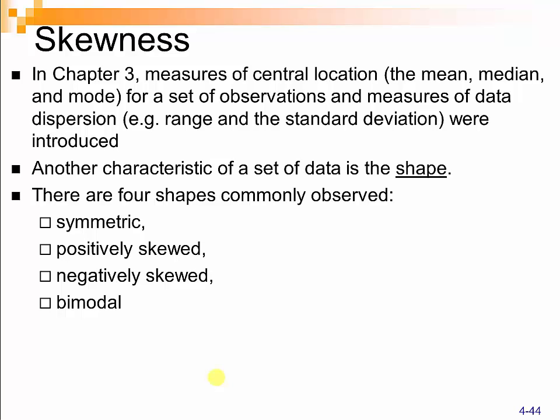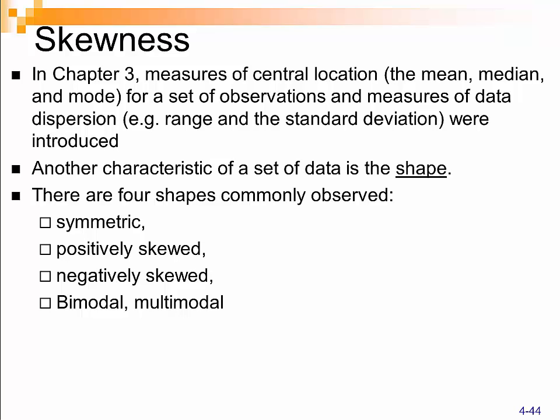We briefly touched on that earlier, but another characteristic that we can go into greater detail on is the shape of the data. There are four shapes that are commonly observed: the symmetric, positively skewed, negatively skewed, and bimodal, which really should probably read multimodal, although we don't usually have quite as many that have multiple modes.